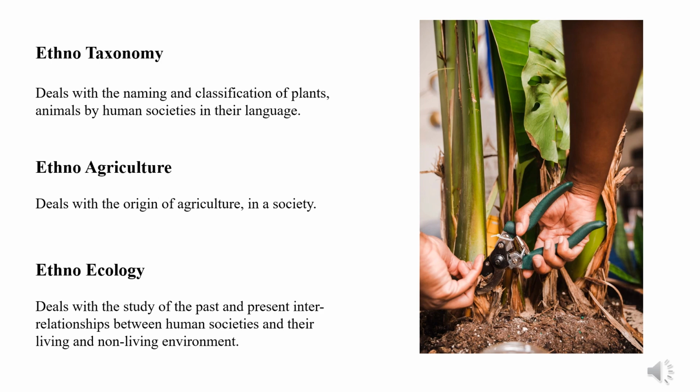Then ethno-agriculture deals with the origin of agriculture in a society, exploring and promoting the rich tapestry of traditional agricultural knowledge from diverse cultural perspectives. Ethnoecology deals with the study of the past and present interrelationships between human societies and their living and non-living environment.